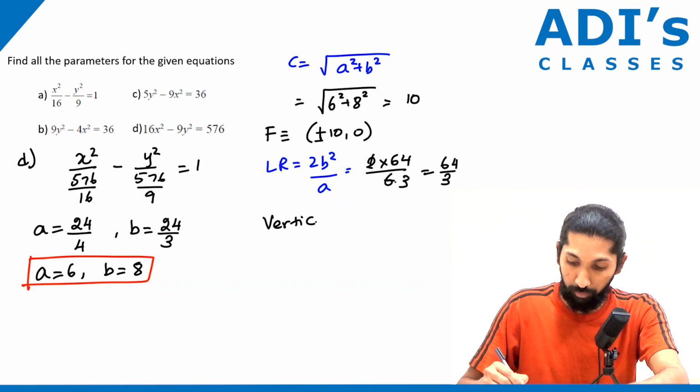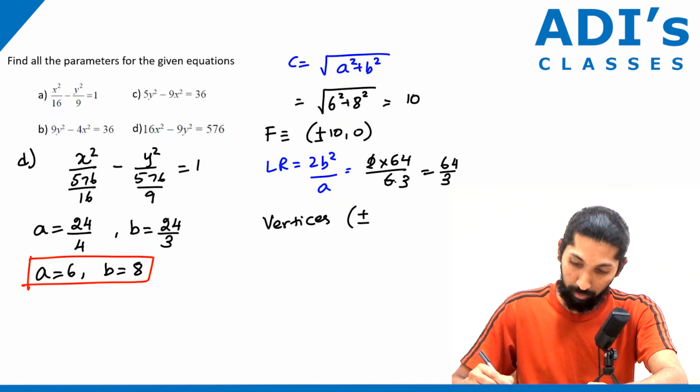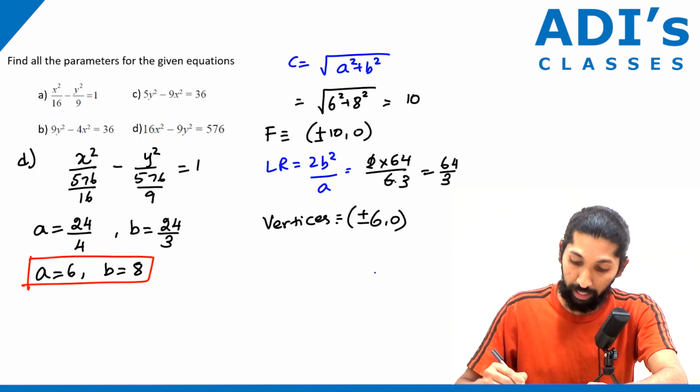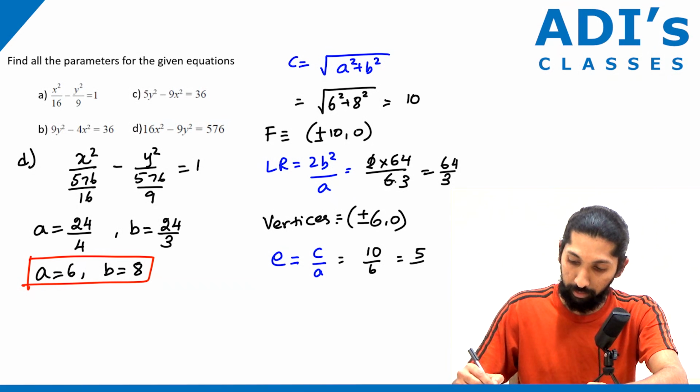For the vertices, it's plus or minus a comma 0, so plus or minus 6 comma 0. These are the vertices. Then finally we have the eccentricity e, which is c by a. So this is going to become 10 divided by 6, which is 5 by 3.